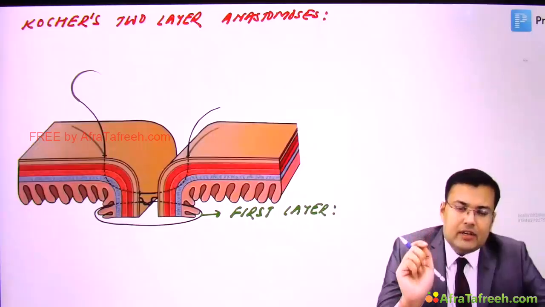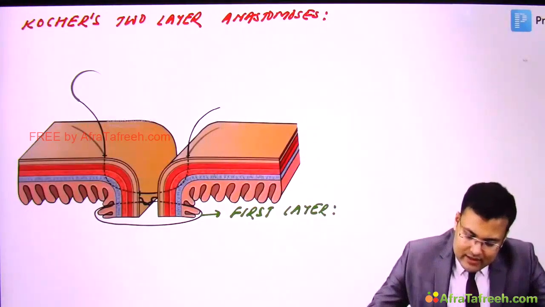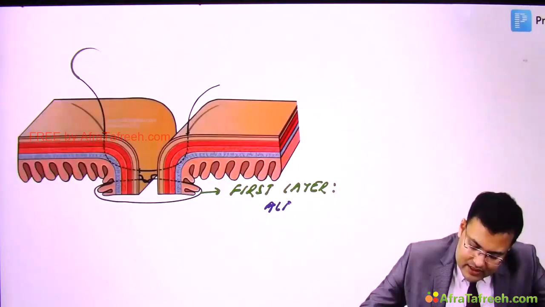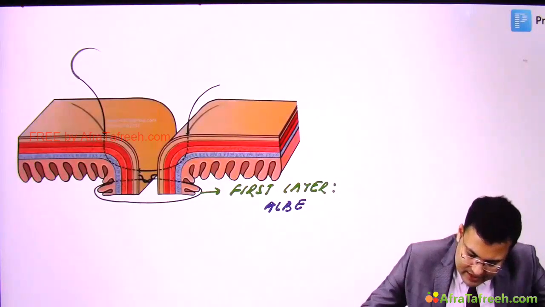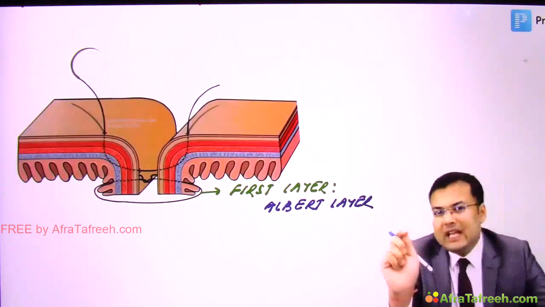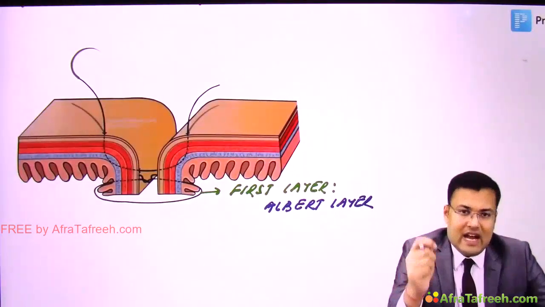Initially we were using catgut continuously in the first layer, so this is also known as the continuous catgut layer.